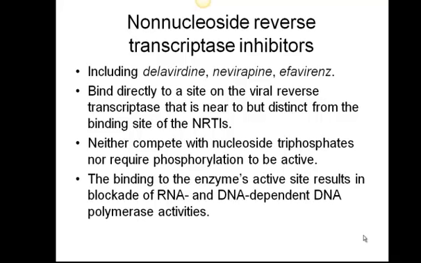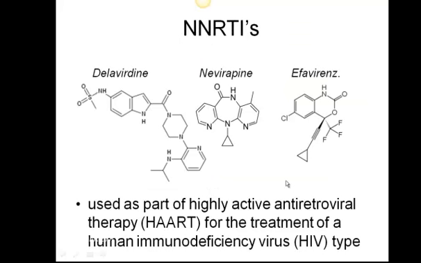So they bind near to, but at a distinct binding site from, the nucleotide reverse transcriptase inhibitors. So they bind to the enzyme at a unique site away from where the nucleotide reverse transcriptase inhibitor actually binds to the enzyme. So these are just some of the compounds that are utilized as non-nucleoside reverse transcriptase inhibitors.